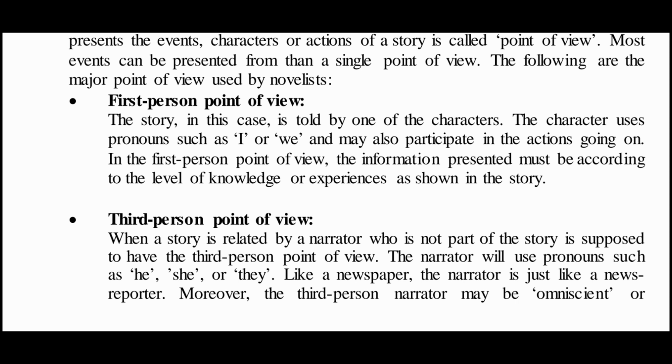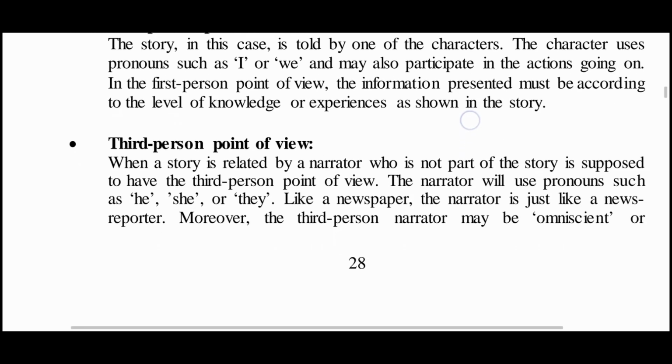The character uses pronouns such as I or we, and may also participate in the action going on in the story. In first person point of view, the information presented must be according to the level of knowledge or experience shown in the story.